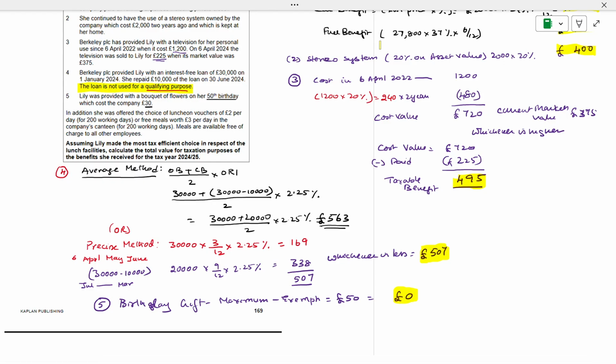In addition, she offered the choice of lunch vouchers, 2 per day for 200 days, or free meals, 1 per day in the company canteen. Meals are available free of cost to all employees.